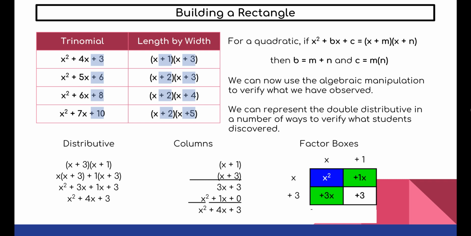And when we group our green or our linear terms, x squared plus 4x plus 3. And we've done our distributive property. And what's great is this is actually going to work in reverse.